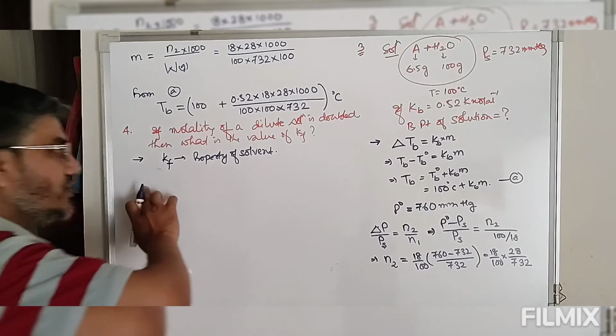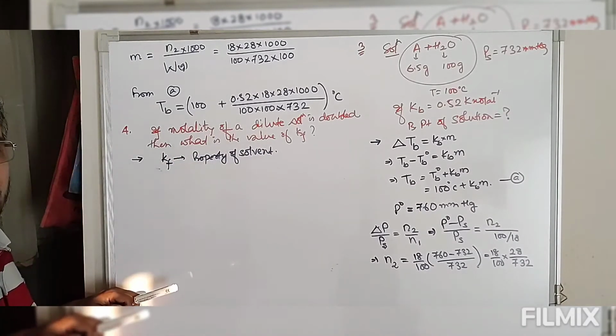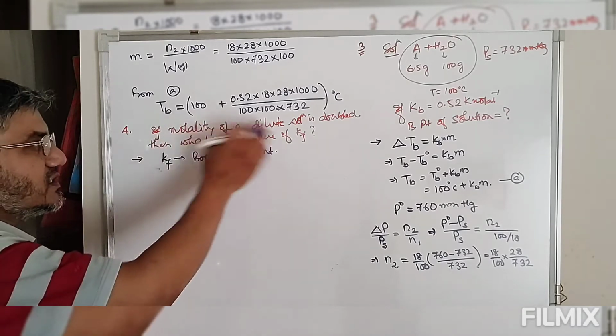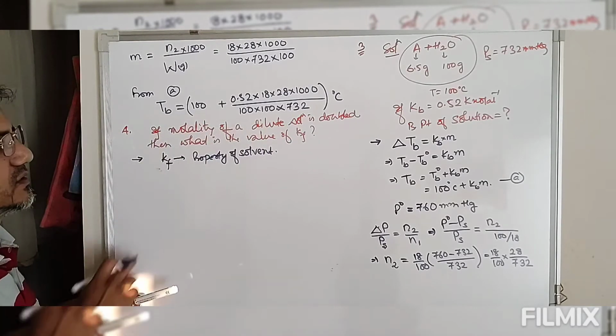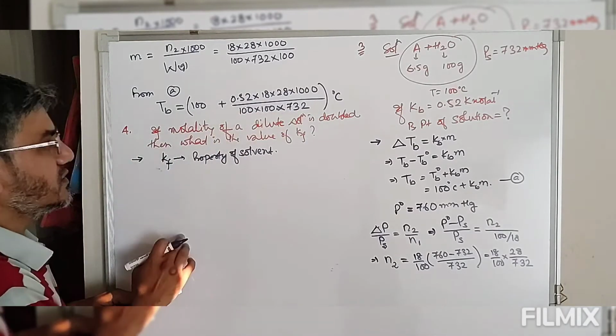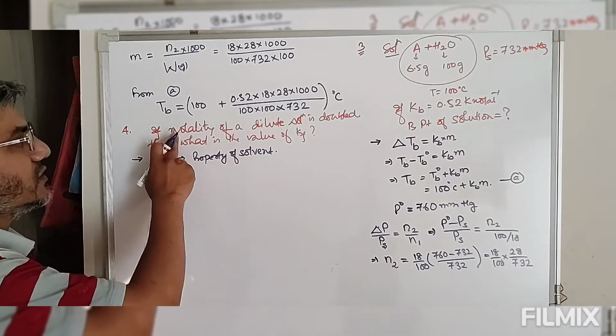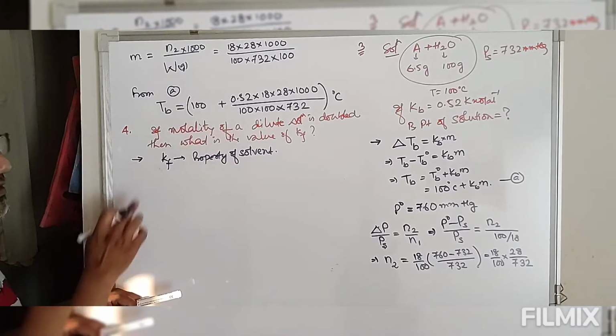Since this is a property of solvent, it has nothing to do with the solute. So on changing the concentration, meaning the molality of solution is doubled, we are changing the concentration. Since Kf is a property of solvent, changing concentration will not have any effect on the value of Kf.